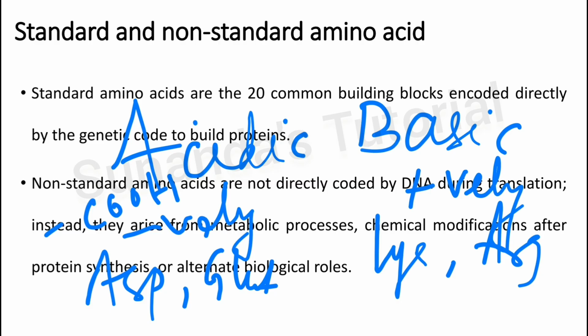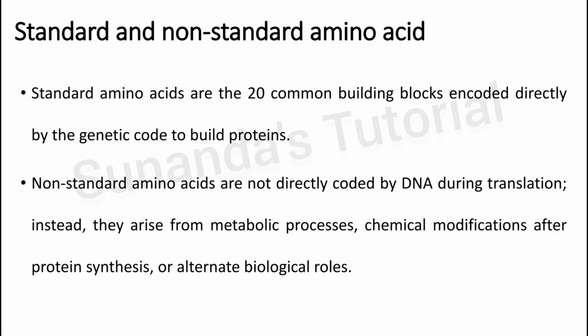Basic amino acids have an extra amino group or nitrogen-rich side chain that accepts a proton and becomes positively charged. So these are the cases of acidic and basic amino acids.